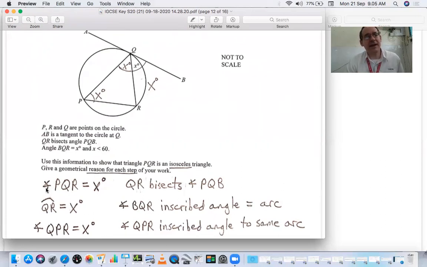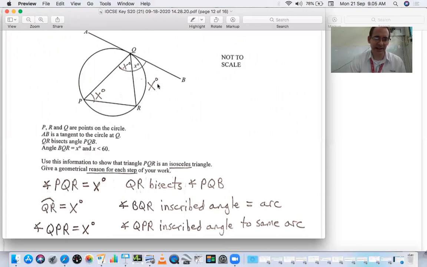First off, angle PQR is x degrees because it says that QR bisects PQB. So since it bisects it, that means these two angles are the same. So PQR is x, and this is x, because this bisects it.